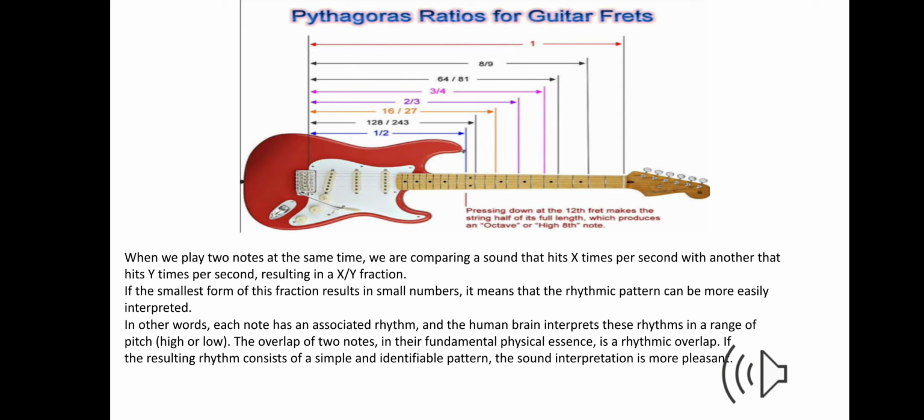In other words, each note has an associated rhythm, and the human brain interprets these rhythms in a range of pitch, high or low. The overlap of two notes in the fundamental physical system is rhythmic overlap. If the resulting rhythm continues in a simple and interpretable pattern, the sound interpretation is more pleasant.